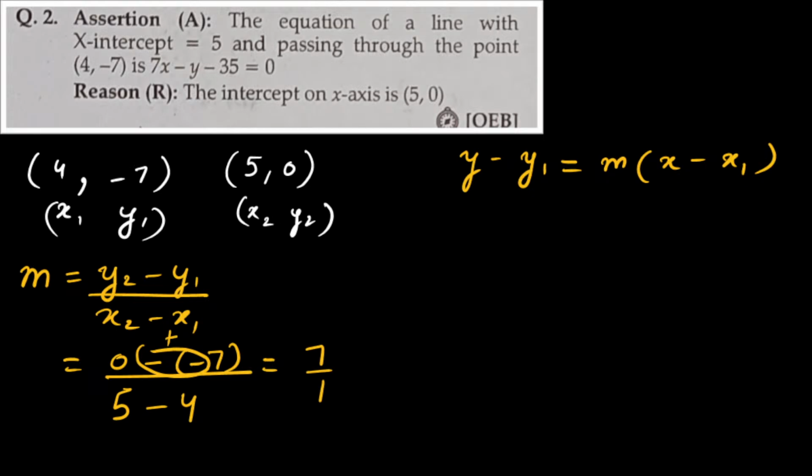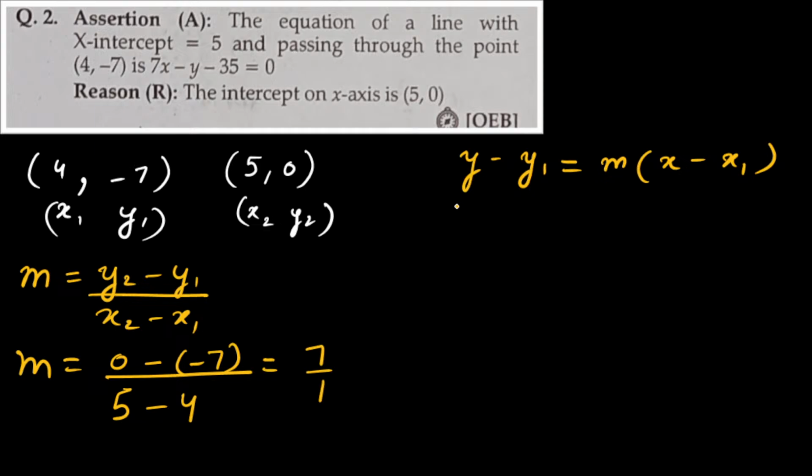It's not negative. That's why I have always told you, please write each and every sign. Don't miss any sign. It's 0 minus of minus 7, so these two minuses will become plus, due to which the slope is equals to positive 7.